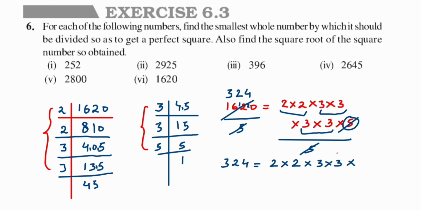Now the square root of 324 is equal to, just take a factor from each pair, that is 2 into 3 into 3. Multiply them. So 2 3s are 6 and then 6 3s are 18. So that's it. The smallest number to be divided here is nothing but 5, and the square root of 324 is equal to 18.